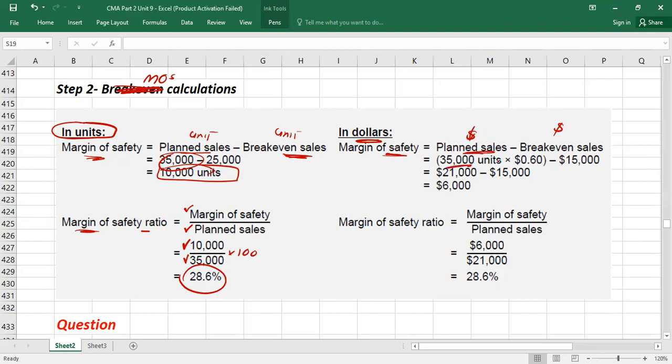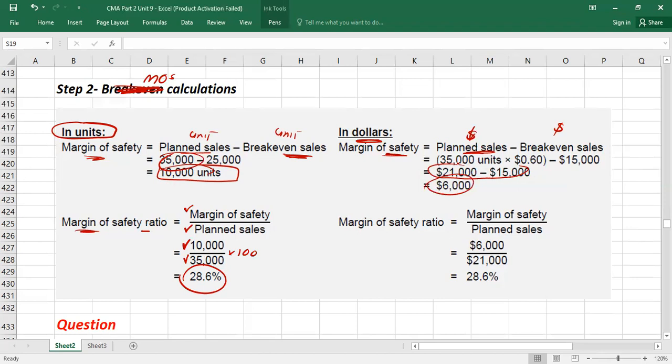You need budgeted units, which are given, 35,000, times budgeted sale price, which is 0.6. This will give you planned sales of 21,000. From there, you will deduct break-even sales in dollars, which we calculated in step number 1, 15,000. So 21,000 minus 15,000, you will get margin of safety in dollars, $6,000.